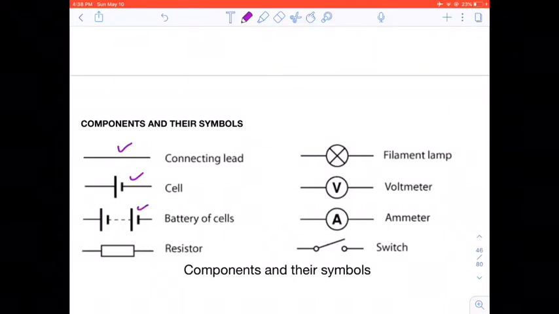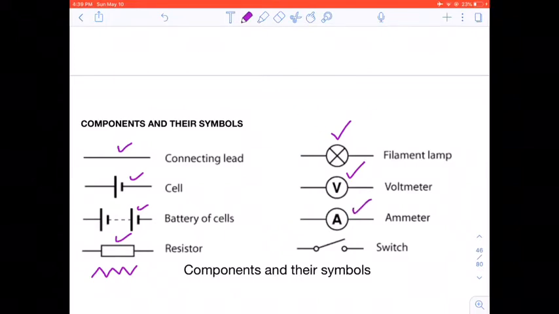So now for the cell and the battery, you could just have one cell, and that's fine. Here we have a resistor, but the resistor can also be shown like that. I prefer showing a resistor like that. And then we have our filament lamp, and our voltmeter, and we have our ammeter.